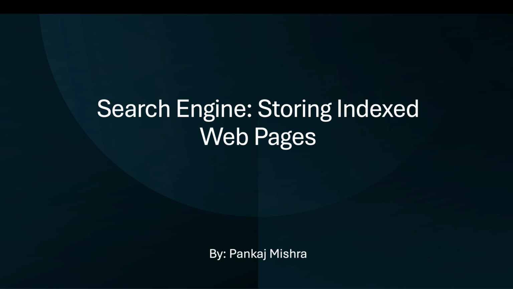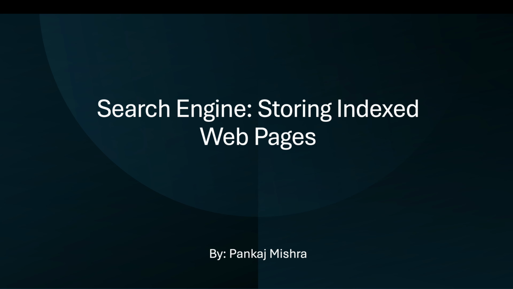Then ranking comes in. When a user submits a query, you write something into Google, and the search engine algorithm accesses the indexed pages, whichever you indexed in step 2. So first is crawling: crawlers follow the links and find a page.